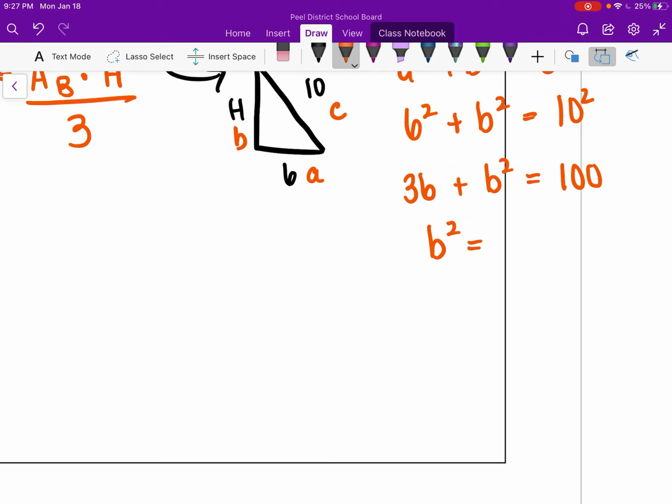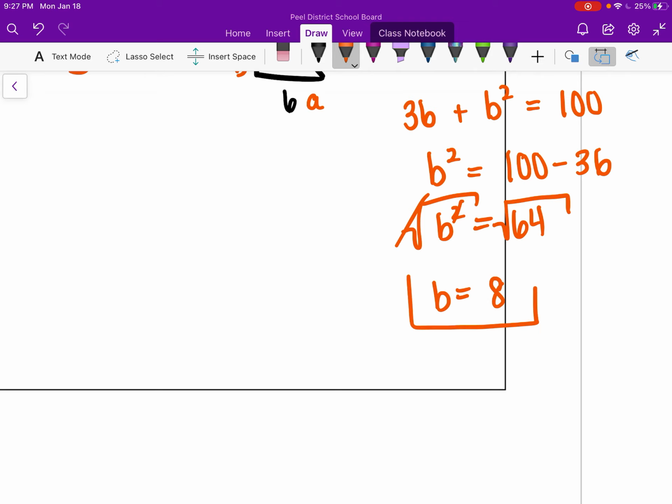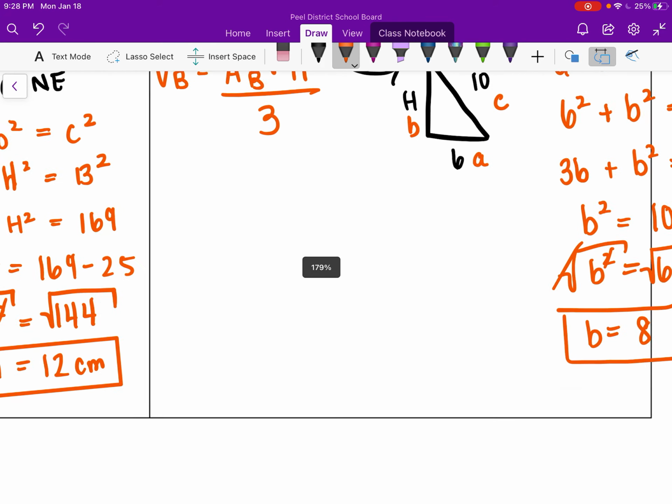So B squared is going to equal 100 minus 36, right? 100 minus 36 is going to be 64. So I know B squared is equal to 64. I want to get rid of that squared because I want B by itself. Square root both sides. B is going to be the square root of 64, which is 8. Trust me, I listened to enough Drake to know that.